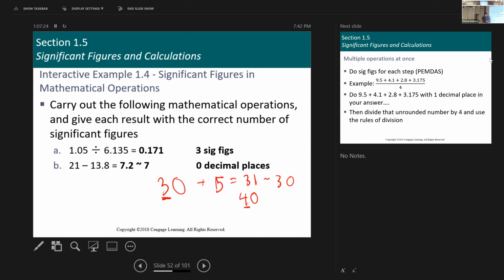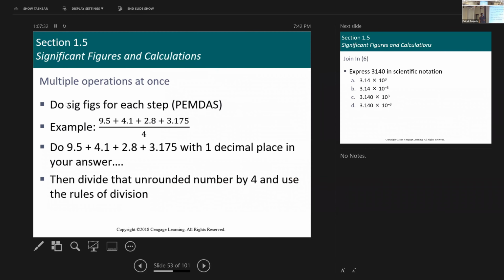Cool. Okay, any questions? No? Okay. All right, so for multiple operations, when you want to do addition and subtraction, or addition and multiplication, what you're going to do is follow PEMDAS, which is parentheses, exponents, multiplication, division, addition, subtraction.